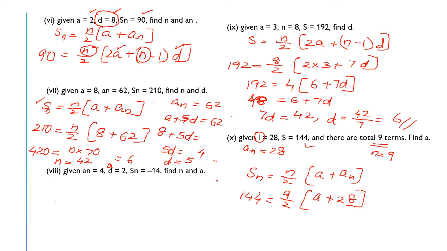What is the answer? 32. That is equal to 32. 32 is equal to A plus 28. Then what is A? A is equal to 32 minus 28, that is equal to 4.